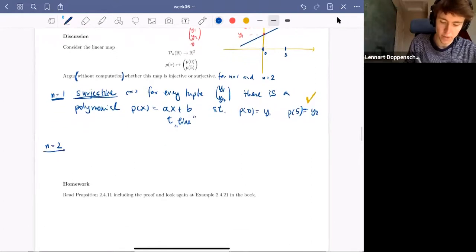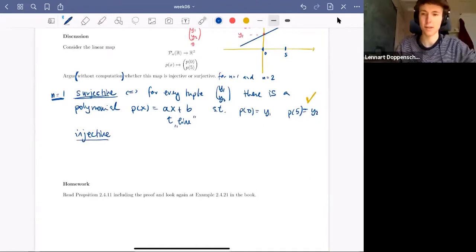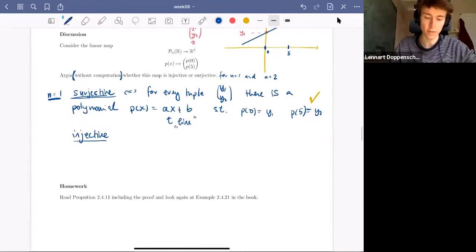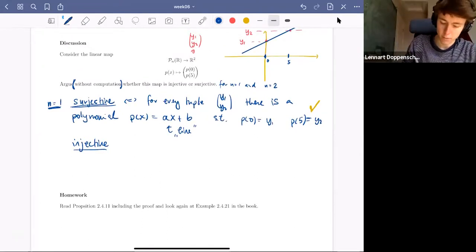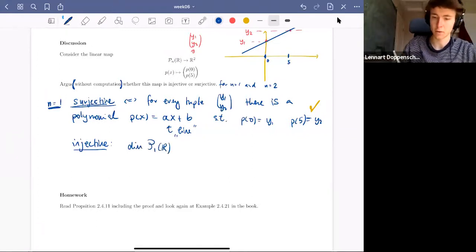Okay, and now comes the real reason why I put this in here, I believe. If we talk about injectivity, then it's really helpful to look at the previous proposition, because we can notice that the dimension of P1(R) of all the degree 1 polynomials is equal to 2. And this is also the dimension of R2.